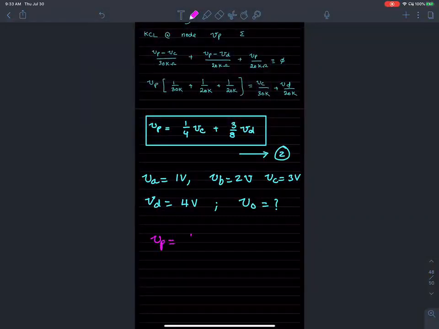VP is a fourth of VC, which is 3 volts, plus 3/8 of VD, which is 4 volts.